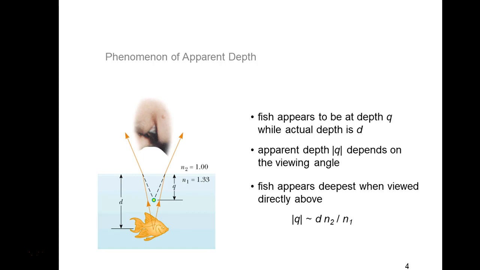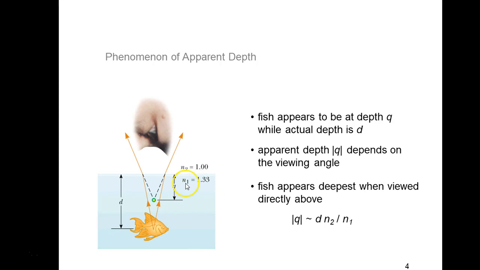Okay. Anyway, another place you may have experienced this is if you've ever gone swimming, and let's say you're at the deep end, and you're on the diving board about to jump in the pool. When you look down, the bottom of the pool actually appears much closer to you than it actually is. In fact, if you do this ratio, air index of 1, water index of 1.33, n2 over n1, that's about 3/4, right?